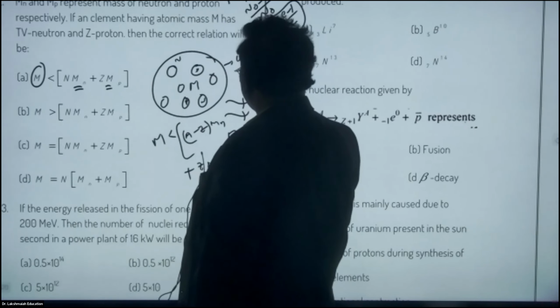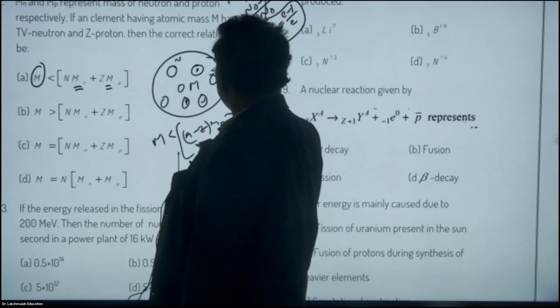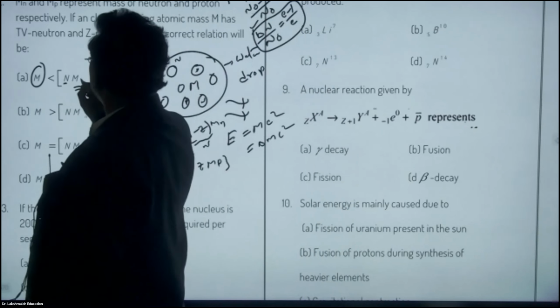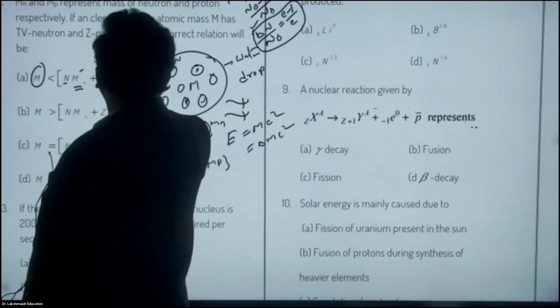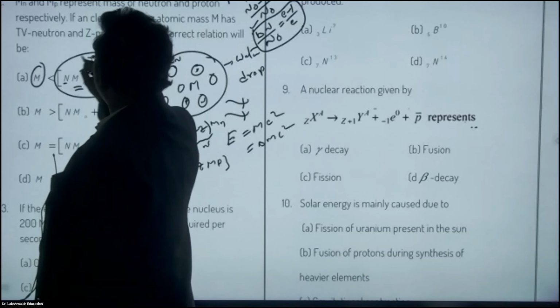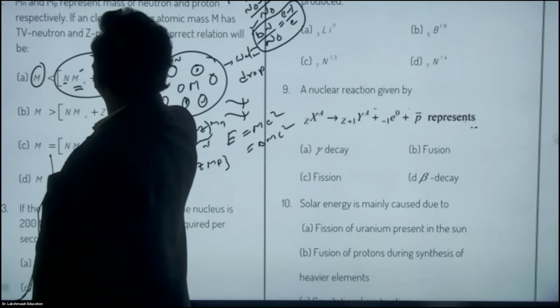What is A minus Z? That is nothing but the number of neutrons. So number of neutrons into mass of the neutron plus atomic number Z into mass of proton. So M is less than this value.